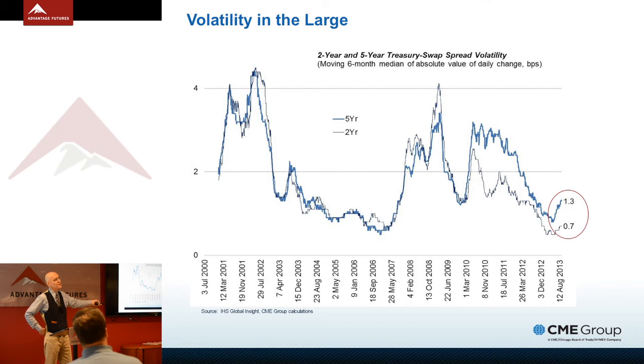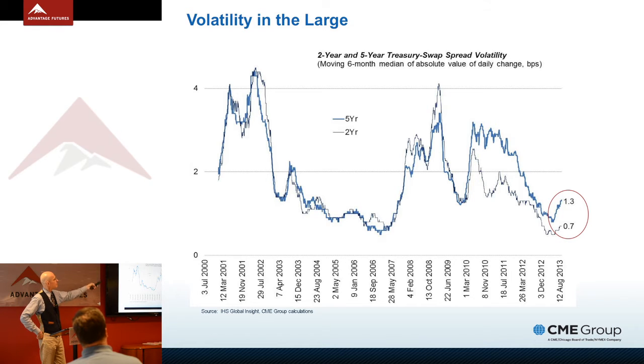That's over the last 6 months. That's the 50th percentile of the absolute value of the daily change. That means half the time it moves more, half the time it moves less. 2-year isn't quite as interesting, but it will catch up.